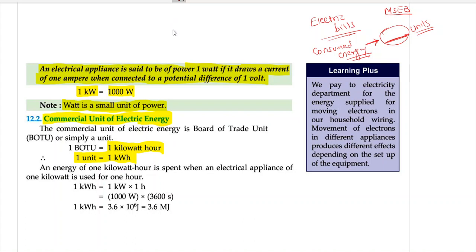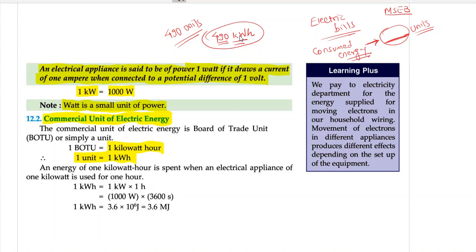You will see something like 490 units used by you in a certain month. Correct? So what is this unit? This is basically kilowatt hour. So you have used 490 kilowatt hour of energy in that particular month. So these units will be multiplied with the rate at which the company is selling you electricity. Suppose the company is selling you electricity at rupees 5 per unit.